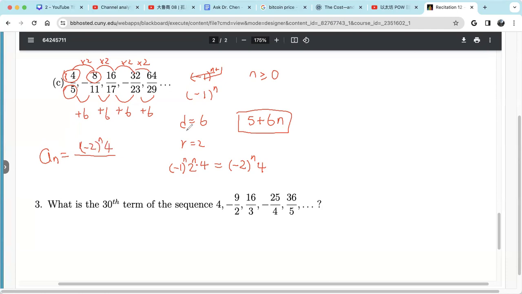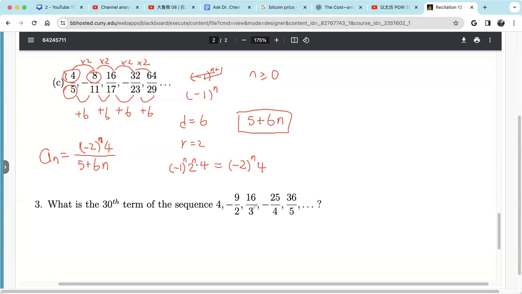The denominator is this arithmetic sequence, 5 plus 6n. So this is a general term. The numerator is a geometric sequence, the denominator is an arithmetic sequence, so we figure them out separately.